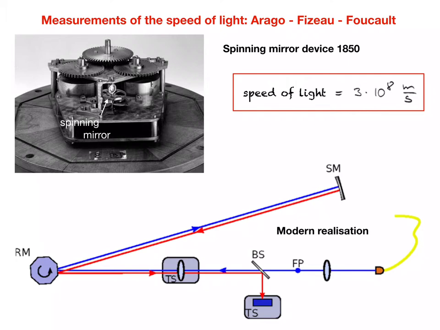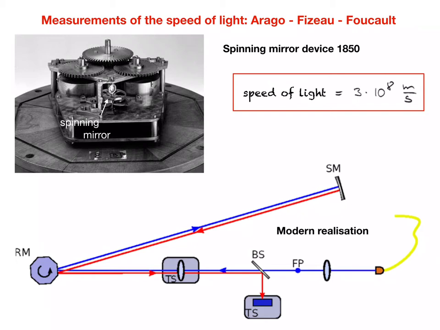The photo shows a spinning mirror device used in those experiments. From those measurements, it was clear that the speed of light was 3 times 10 to the 8 meters per second. The fact that this propagation speed can be derived from Maxwell's equations of electromagnetism strongly suggested that light is an electromagnetic wave.